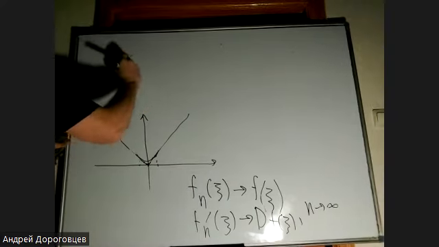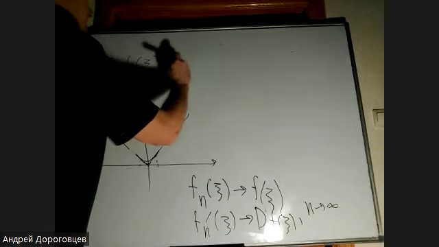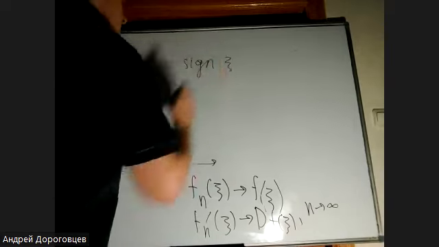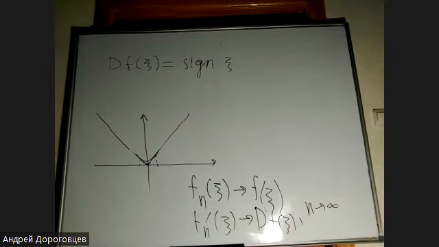Df can be identified with the following. Df of psi is just sign of psi. It does not matter how we define sign at the point 0, because psi hits 0 with probability 0.